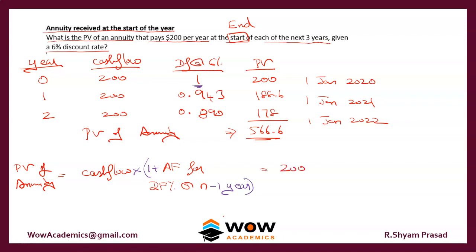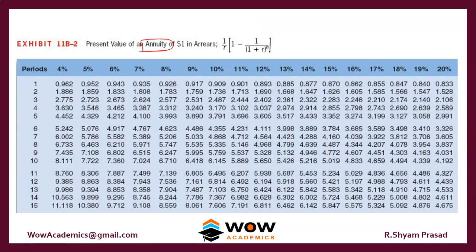The cash flow is the same, 200 into 1 plus the annuity factor for 6% at 2 years. So that is what we want. We'll find out that number. So that will be 200 into 1 plus some number. So what is that number? We'll look at the same annuity table.